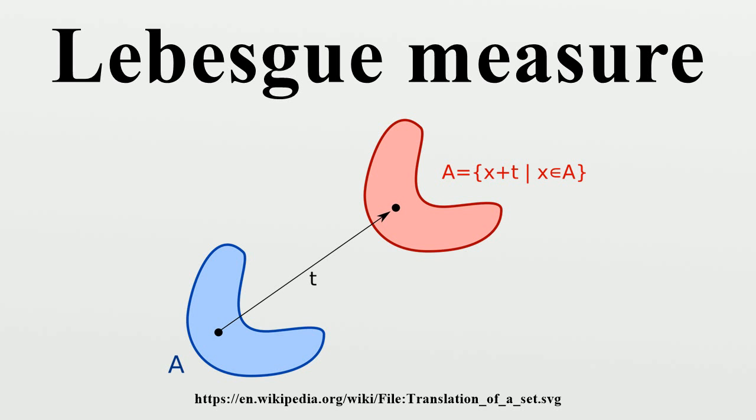If A is a Lebesgue measurable set, then it is approximately open and approximately closed in the sense of Lebesgue measure. A Lebesgue measurable set can be squeezed between a containing open set and a contained closed set. I.e., if A is Lebesgue measurable, then for every positive epsilon there exists an open set G and a closed set F such that F is a subset of A, which is a subset of G, and lambda(G minus A) is less than epsilon and lambda(A minus F) is less than epsilon.